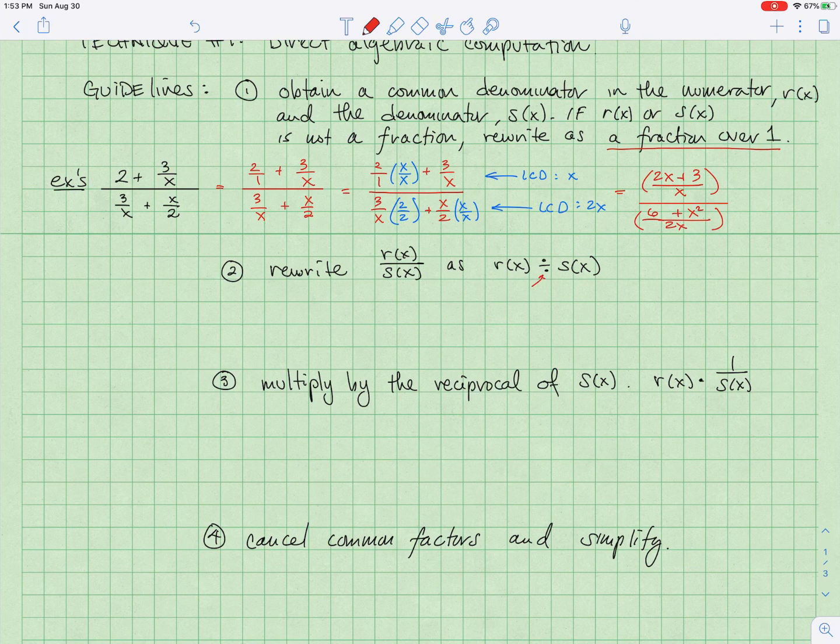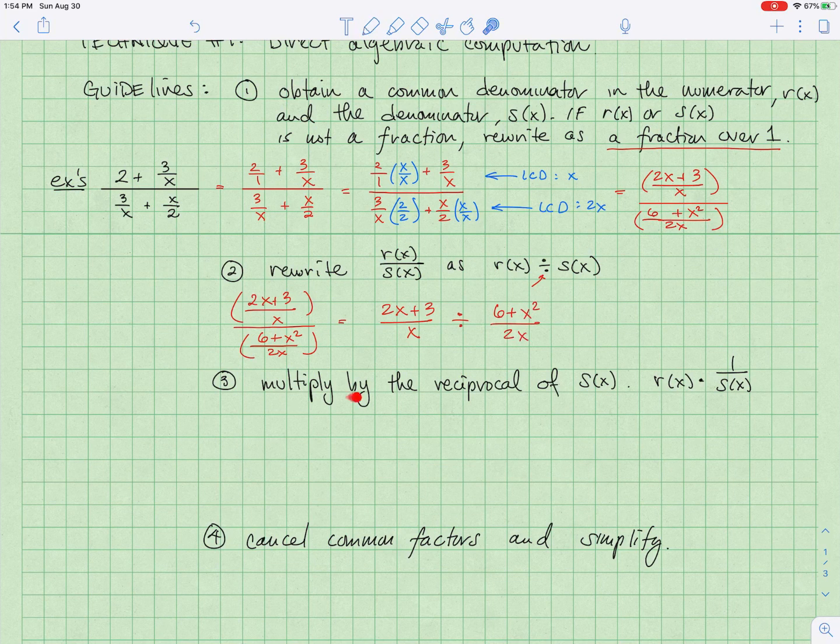So 2x plus 3 divided by x all over 6 plus x squared divided by 2x is equal to 2x plus 3 over x divided by 6 plus x squared over 2x. Sorry, the denominator in the numerator is just an x.